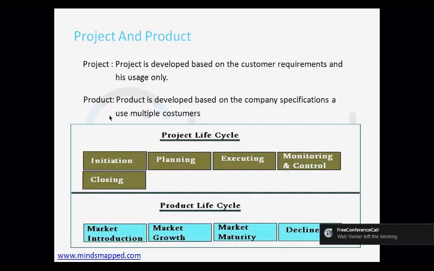So the difference between product and project is, a product is open for everyone. It is developed on the basis of company specification and it can have multiple users, while a project is developed on the basis of customer requirement, right? So Facebook is a product.